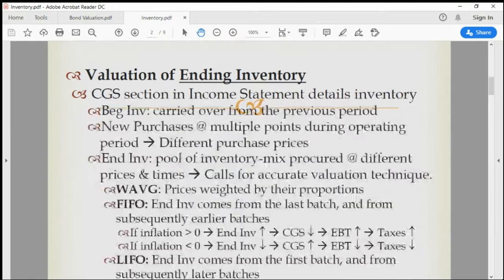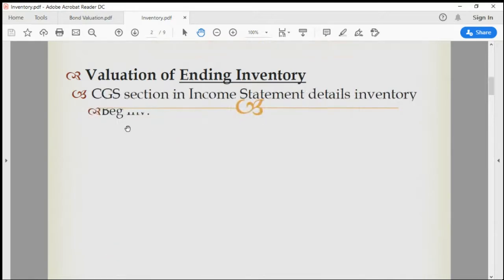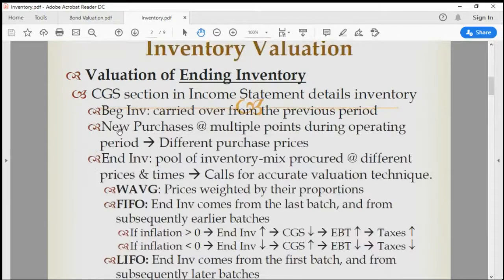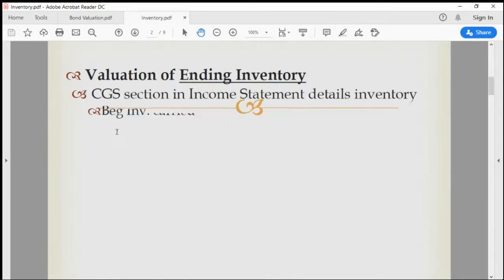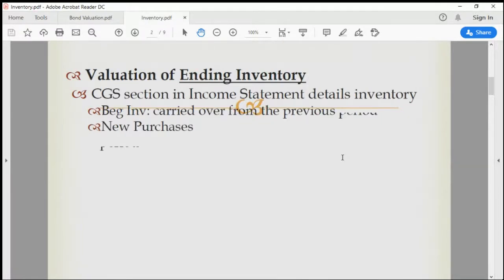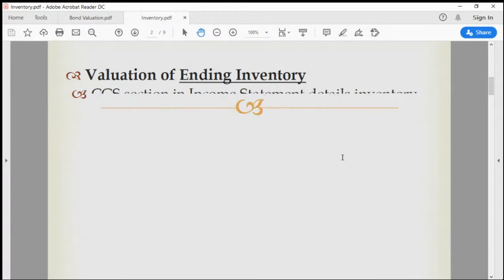So a new purchase, or net purchase, actually. I call it net purchase, but I just put it as new purchase here. The problem is why ending inventory needs to be more precisely accounted for: the net purchase doesn't happen just at one point, right?